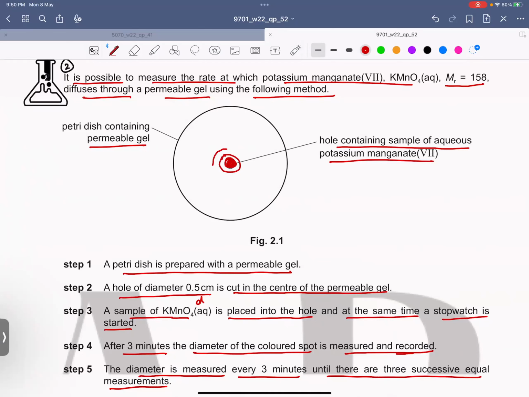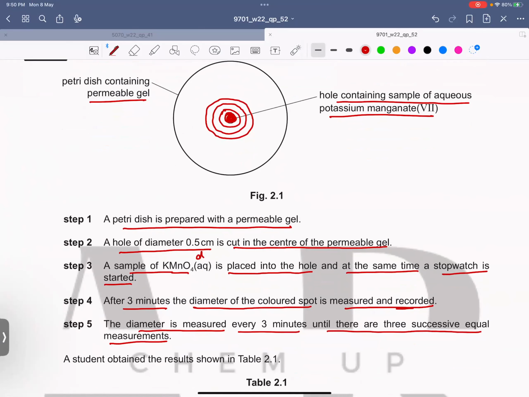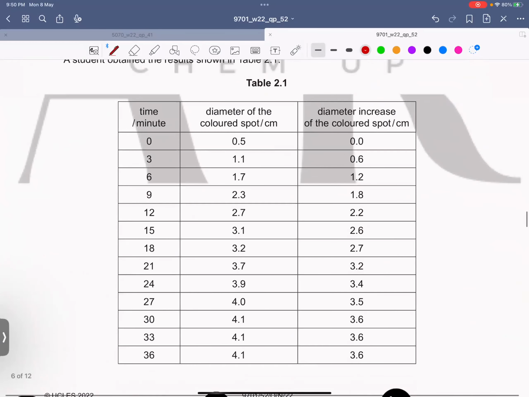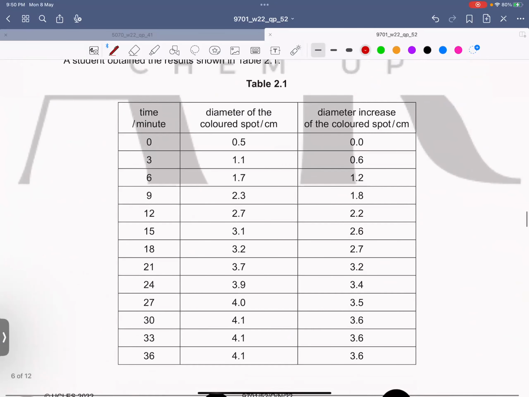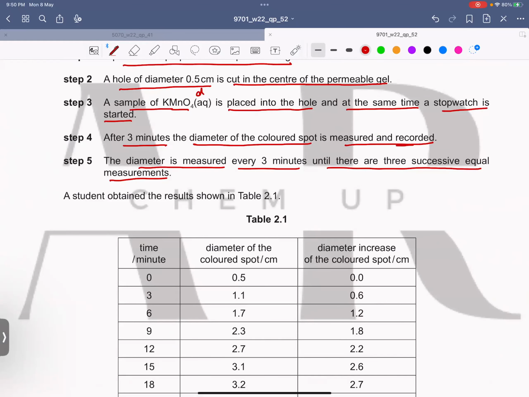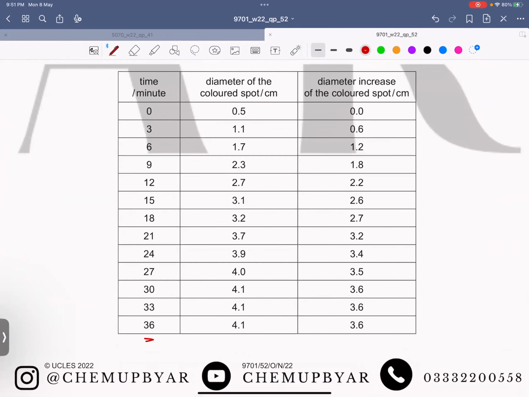And then after 3 minutes, it would be spread to this area. And then after the next 3 minutes, it would be spread to this area. And they have taken the 3 readings only, that's what they have told. Is this clear? Yes, sir. Okay. So here we got the results. There are 3 successive equal measurements, so these are the readings over here.